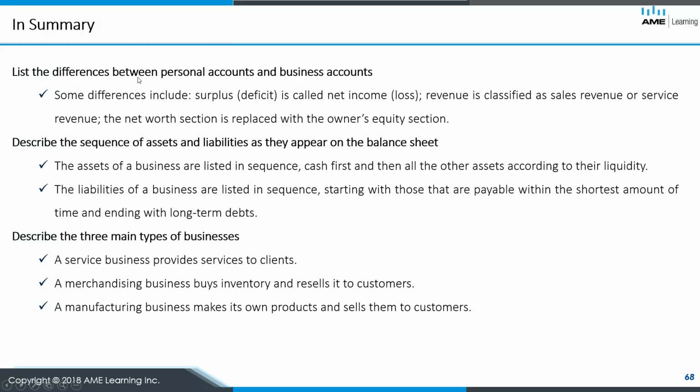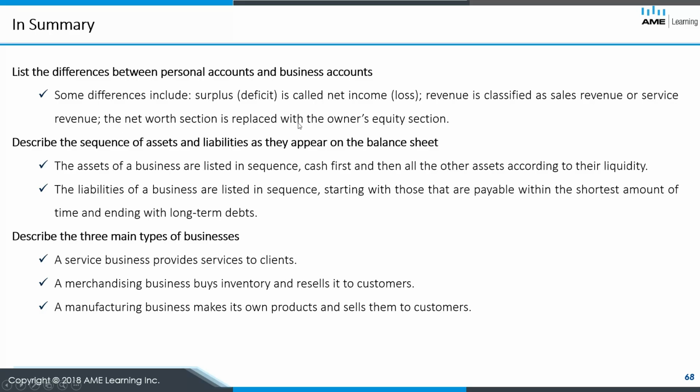So listing the differences between personal accounts and business accounts. Some of the differences include the concepts of surplus and deficit are now called net income or net loss. Revenue can be classified as sales revenue or service revenue, depending on whether you're a service business or a merchandiser or manufacturer who's selling products.